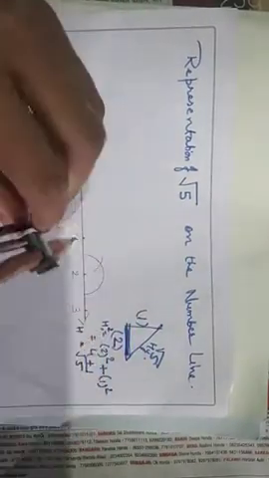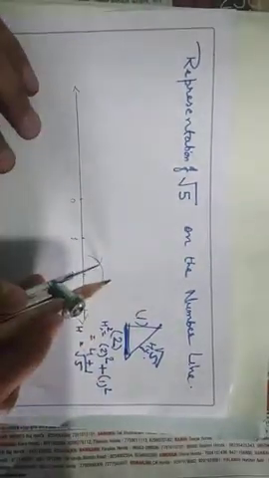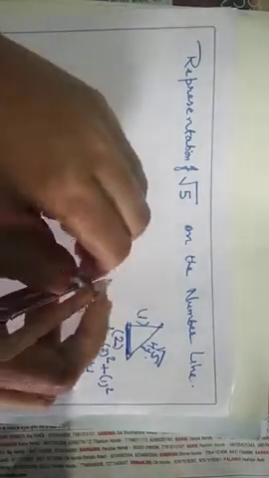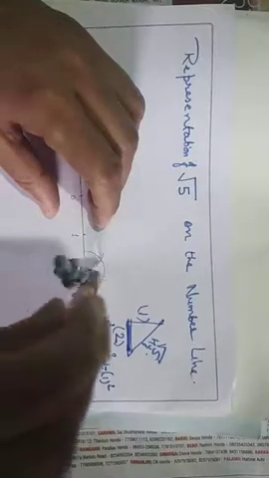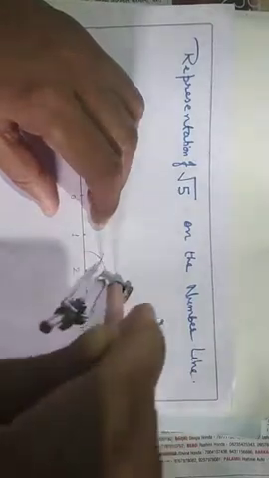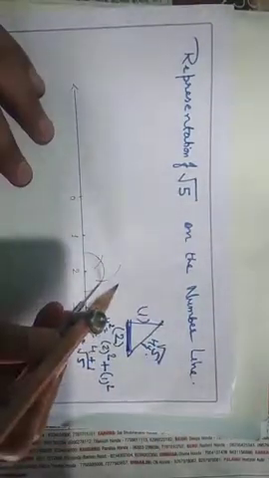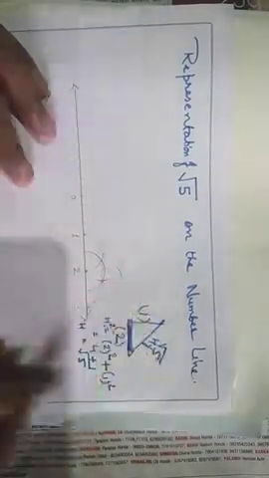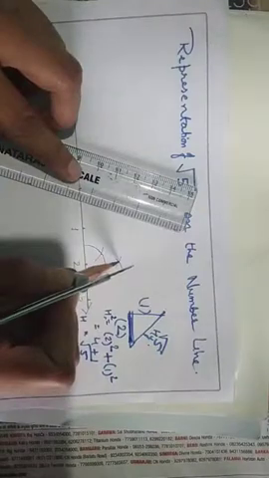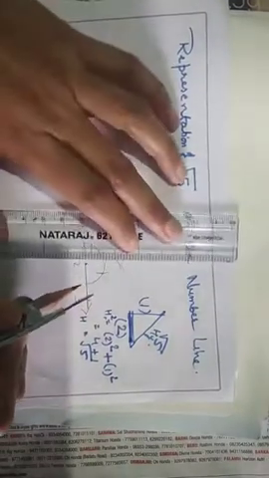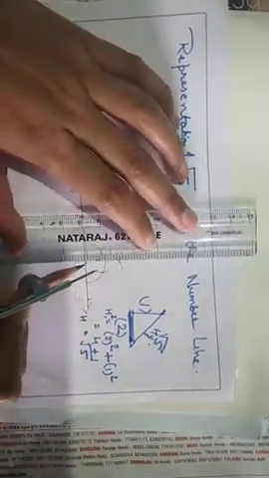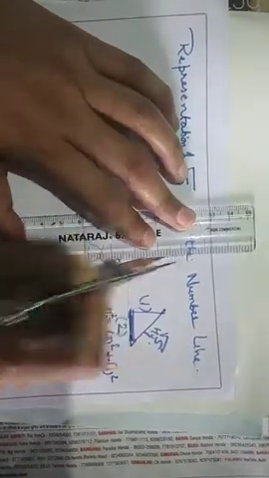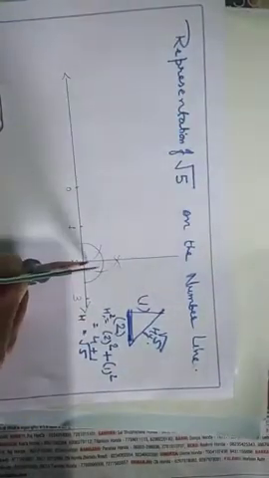Cut an arc. Another arc. Yes, this intersection point of these two arcs and this point you have to join. This is the perpendicular, 90 degree.